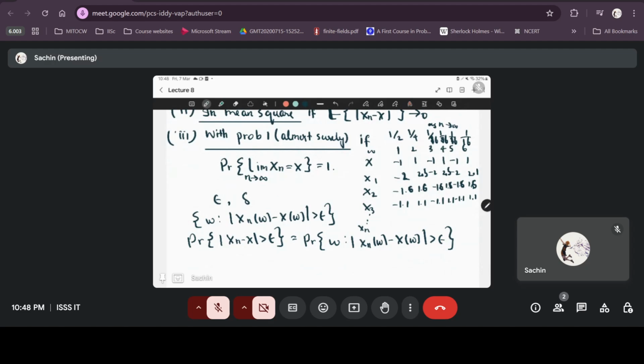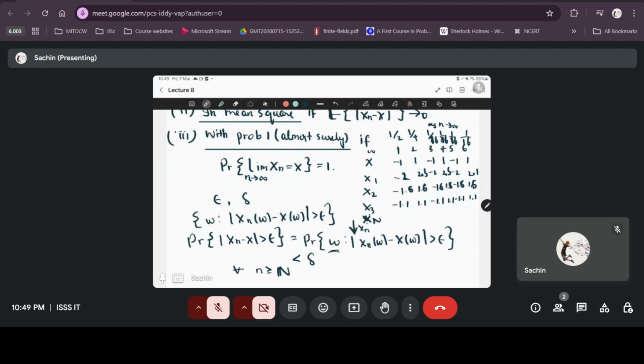And this will have some probability, because it's a subset of the sample space. So this probability must be less than delta for all n greater than capital N. There must be some capital N such that for all the random variables beyond that, the probability of this set of outcomes for which |Xn(omega) minus X(omega)| is greater than epsilon is less than delta.